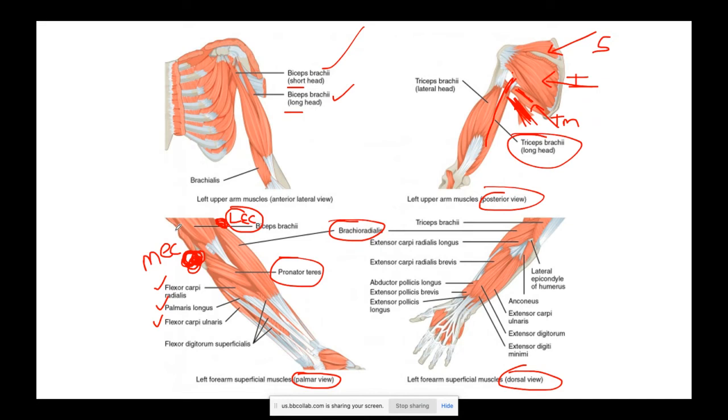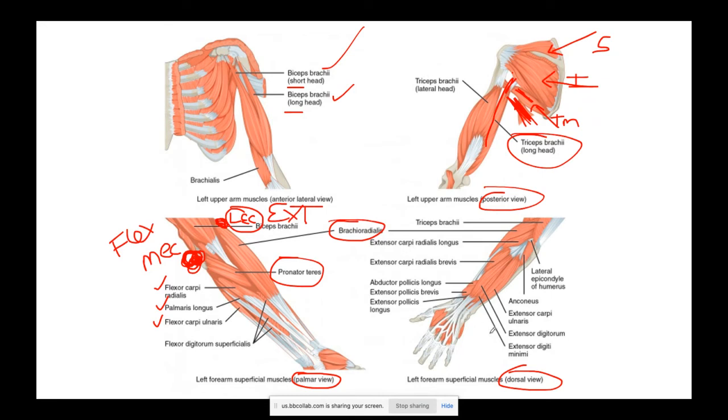And from an improper or overused backhand, when you do a backhand and you extend the wrist, you're using all of the wrist extensors attached to the lateral epicondyle. So medial epicondyle, we're thinking flexors, and lateral epicondyle, we're thinking extensors.